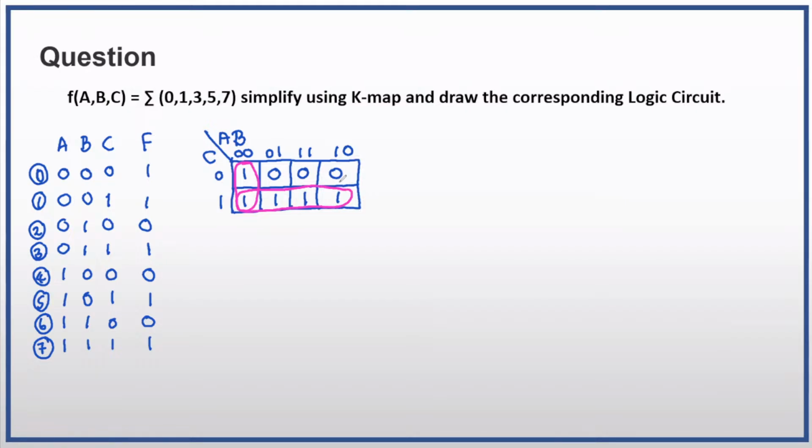You can draw it like this. Okay. Let's take this group as group A and this group as group B. Okay. When you consider these two cells, now tell me, what are the inputs that do not change?